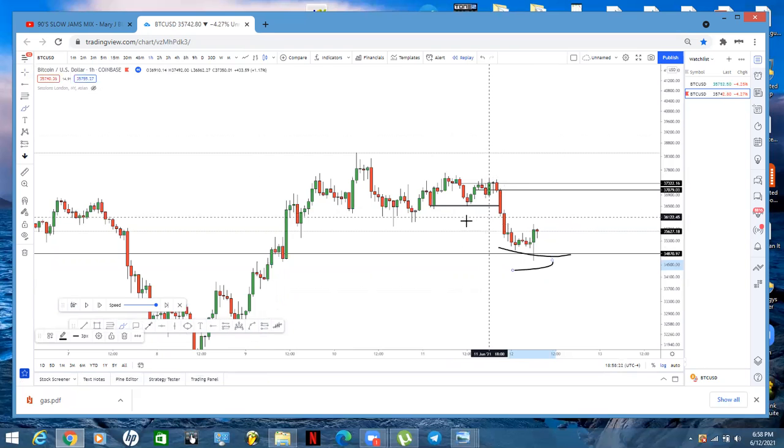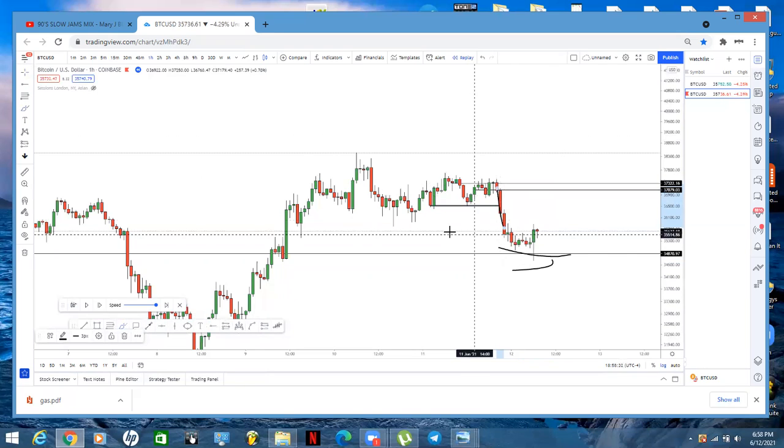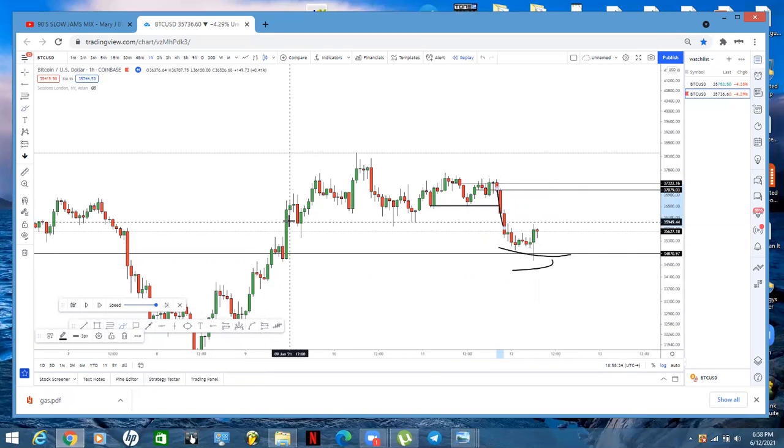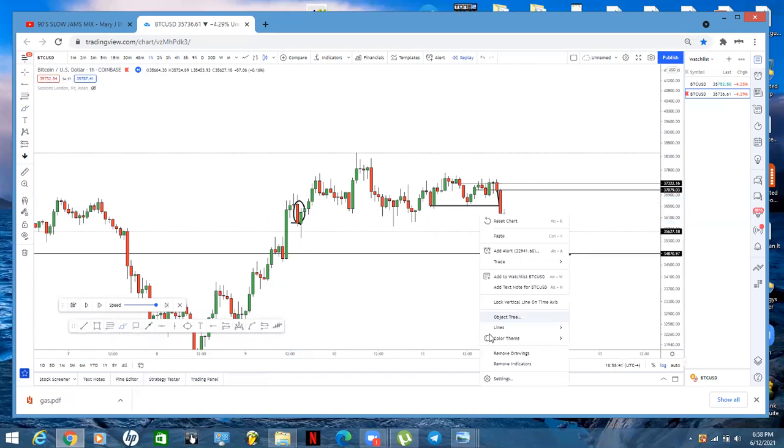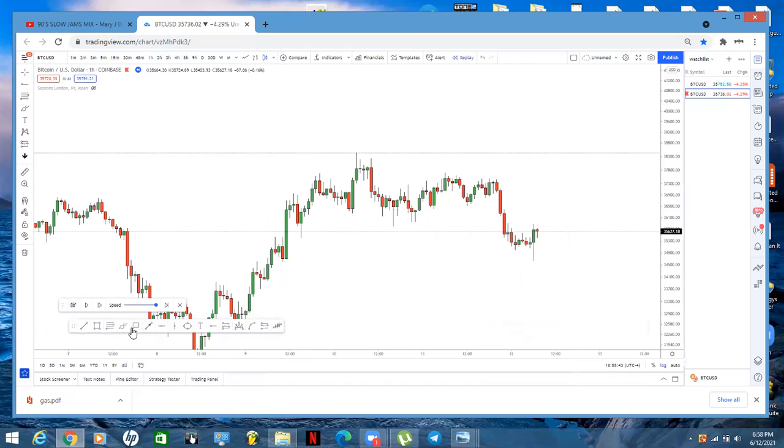So what I would be expecting after this hard drop right here is this: we know they left orders open, but you also had a break of structure. When you have a break of structure, you always look at the order block that it broke. And this is the order block that it broke. So let me clean up the chart a little bit. This was the order block that it broke right here.